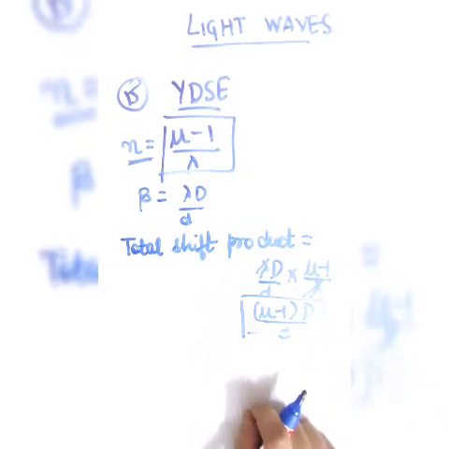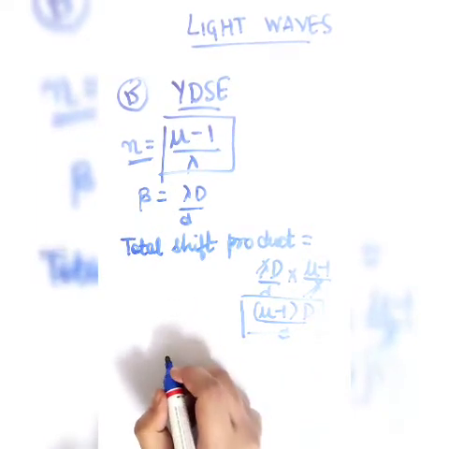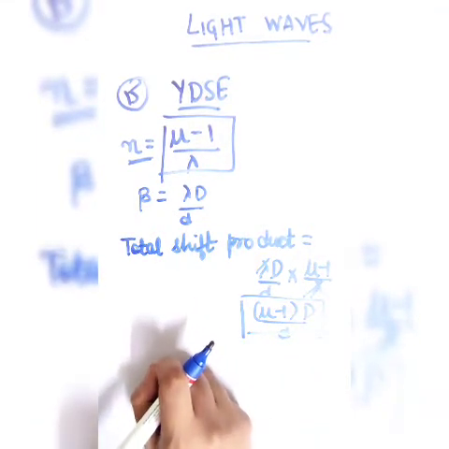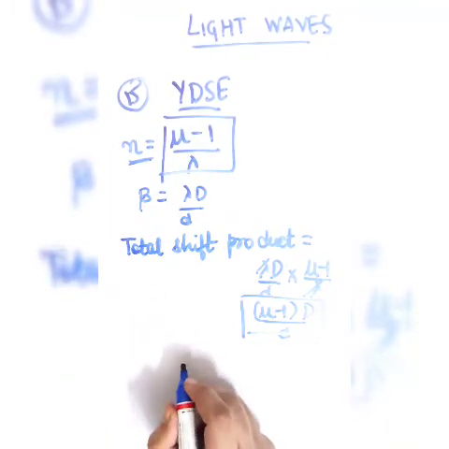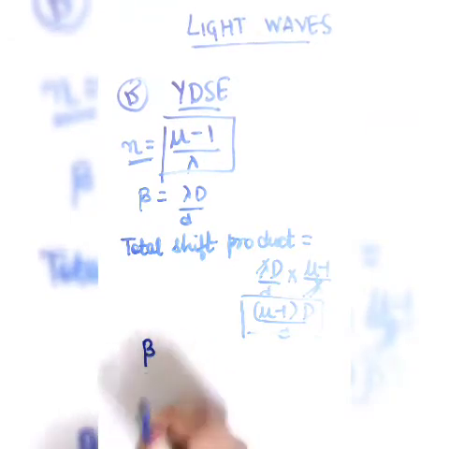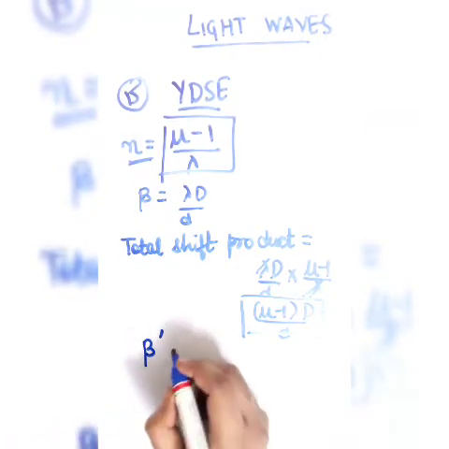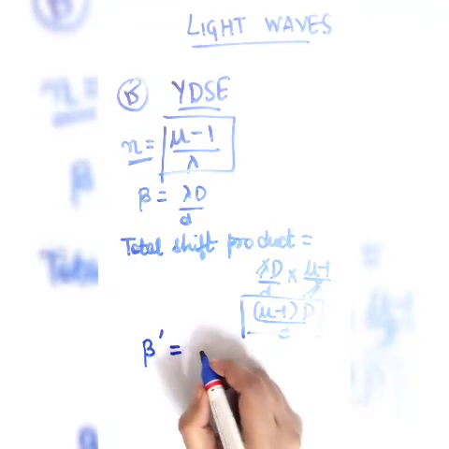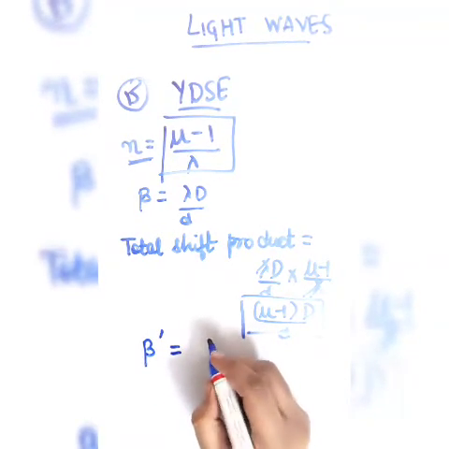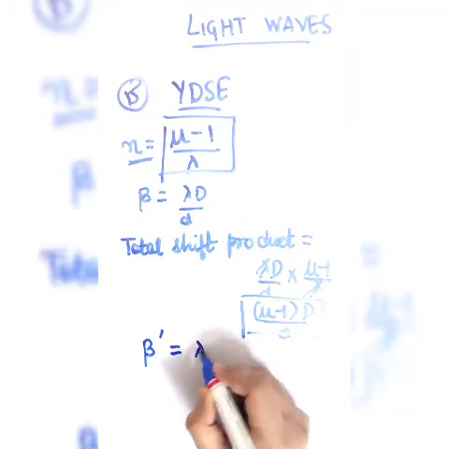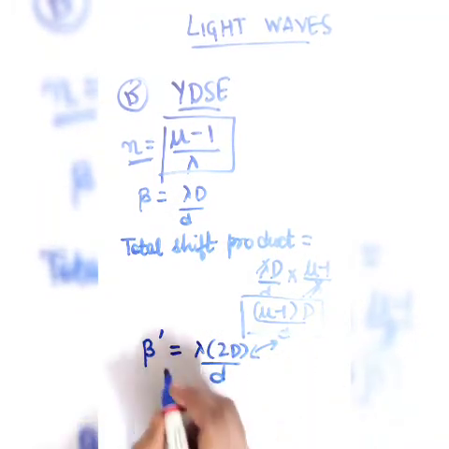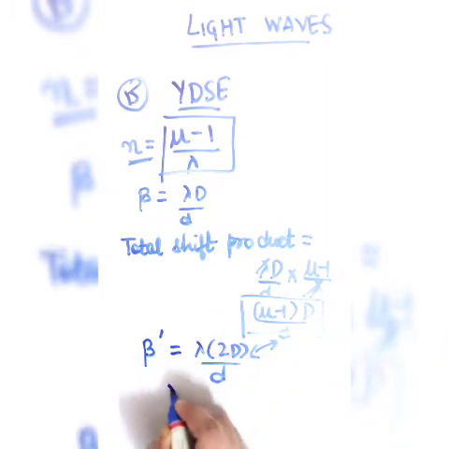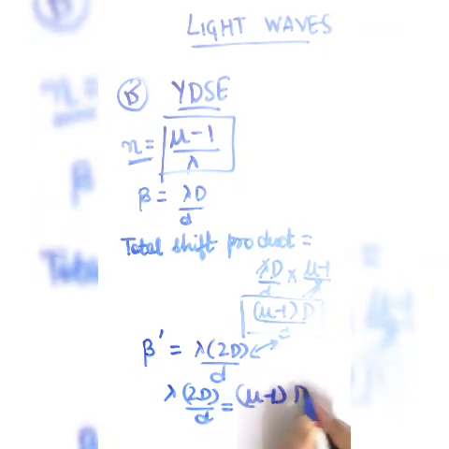Now this is equal to the distance between the successive maxima. Successive maxima means again the fringe width, but this time the fringe width would be different, as the distance between the slit and the screen has been doubled, so lambda into 2D by d. Now if I equate both of these expressions, I will get my answer. So lambda into 2D by small d equals mu minus 1 into t times capital D by small d.